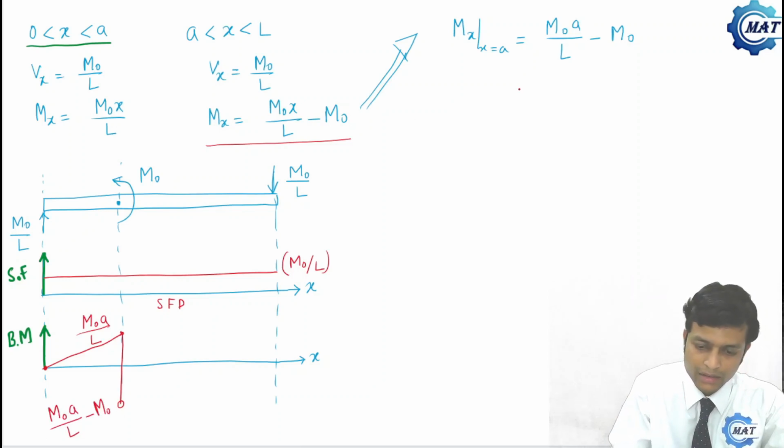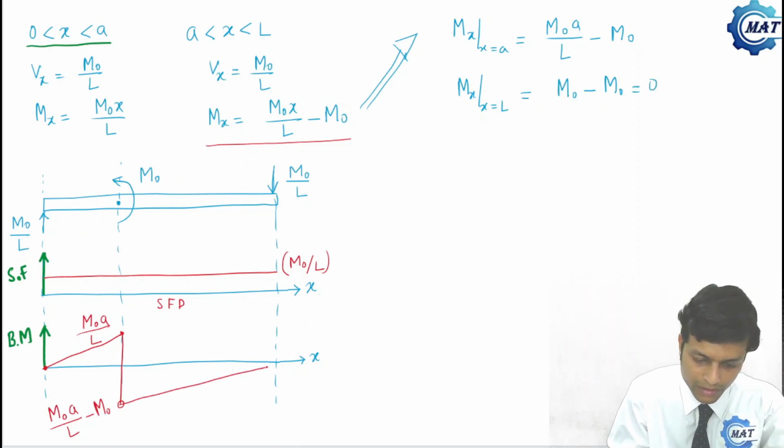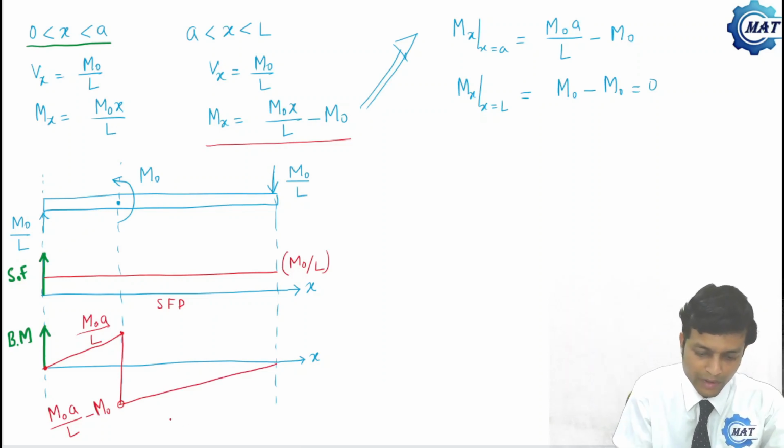And at x equal to L, Mx will be M0 minus M0, that is 0. So this curve will go like this. So this is the bending moment diagram.